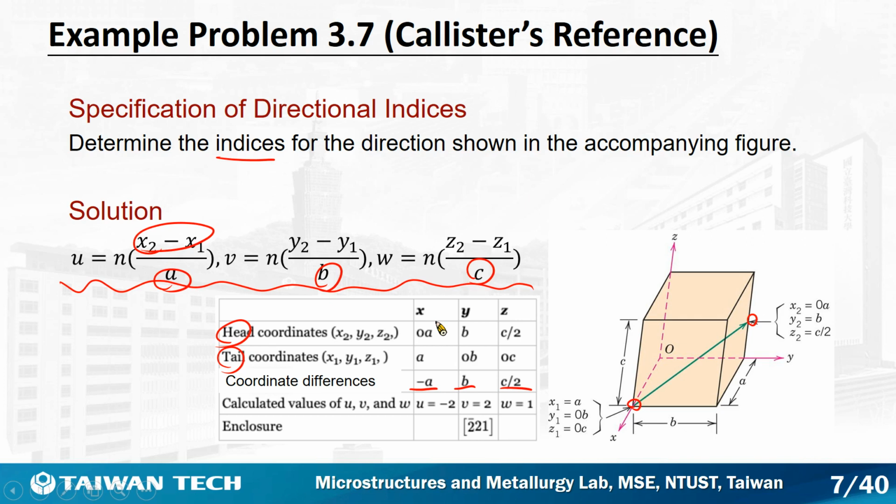So after we do the subtraction and the normalize, we get -1, 1, and 1/2, right? But we need to make it to be the smallest integer. So we will write like -2, 2, and 1. That's the answer.